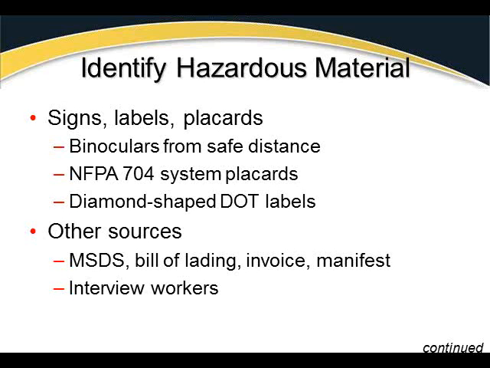Bill of lading, invoices, and manifests, which are required for various shipping routes. Obviously talking to people about what is it, what's in there, what comes from that, what do you do with that. That's all important.